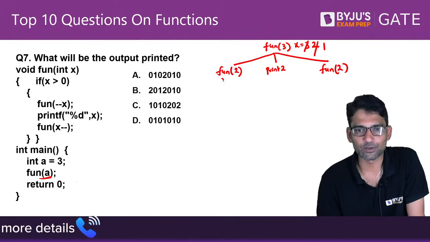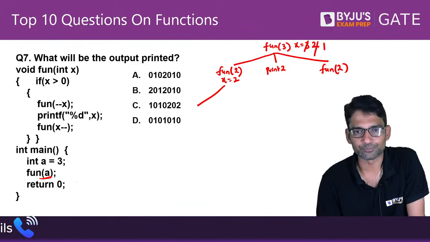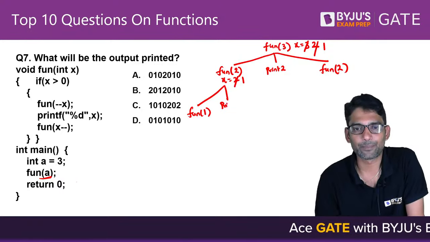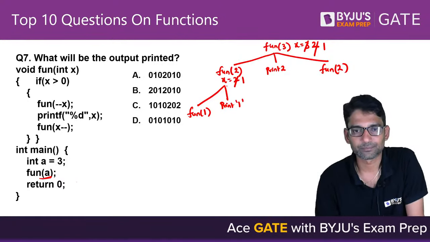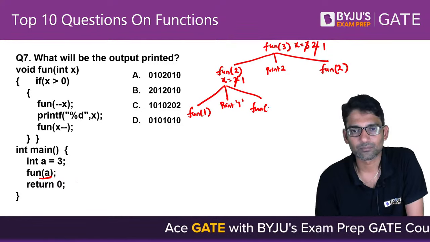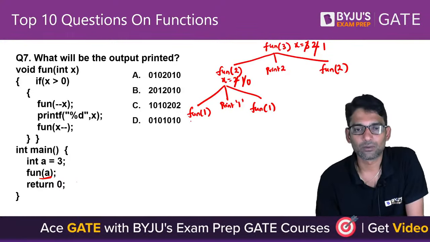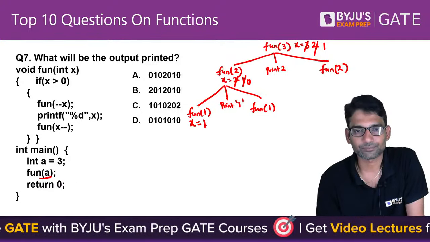Now what is fun of 2? X is 2, minus minus x, print x, x minus minus. Now what is fun of 1?